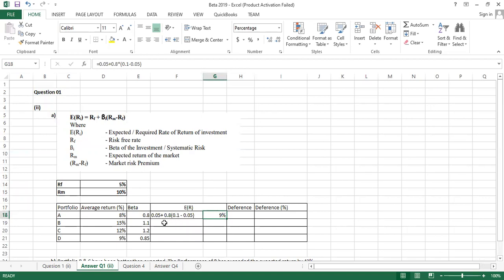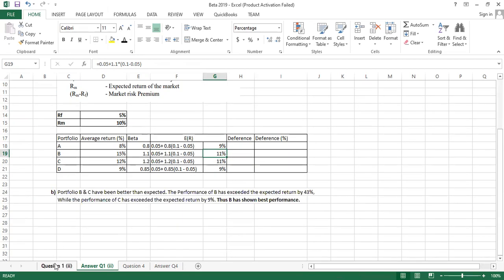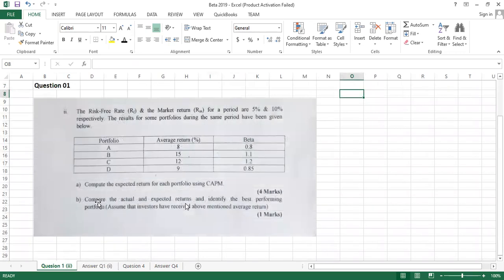Likewise, we can calculate the expected returns of all the other portfolios. So the expected return for portfolio A is 9%, B is 11%, C is 11%, and D is 9%. So we have calculated the expected returns. Then we will discuss part B.